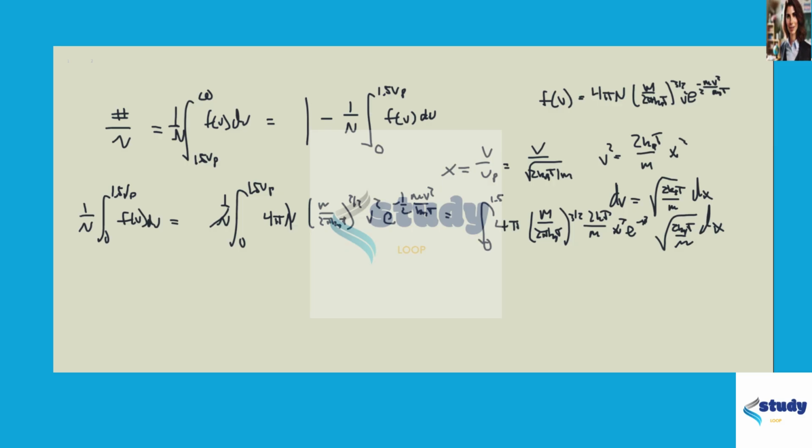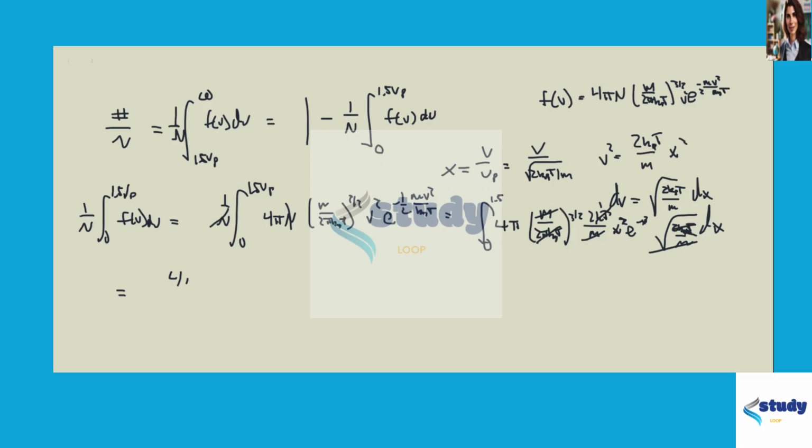This looks complicated, but hang with me just a little bit. We should see that we can simplify some stuff. We're left with 4 up top. We have m to the 3 halves over m to the 3 halves, so those cancel. We have kB T on the bottom to the 3 halves, and this kB T times this kB T over here gives us kB T to the 3 halves on top, so those cancel out.